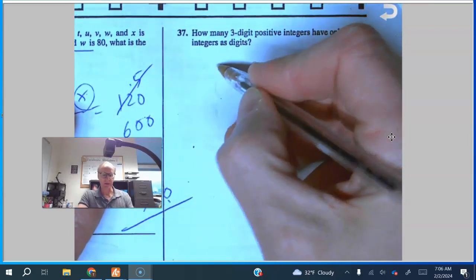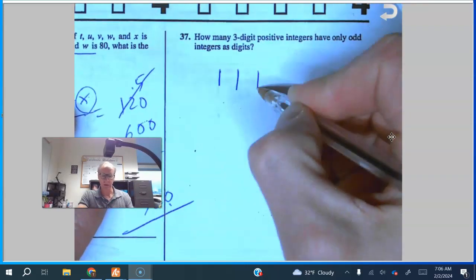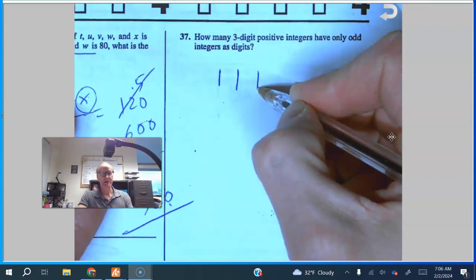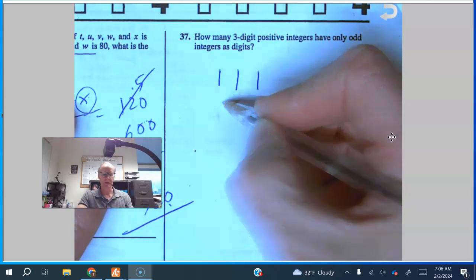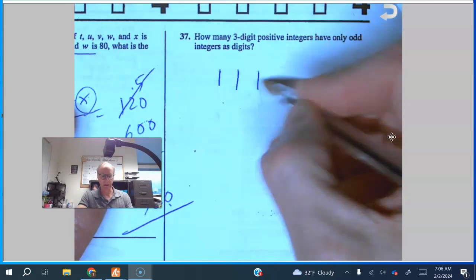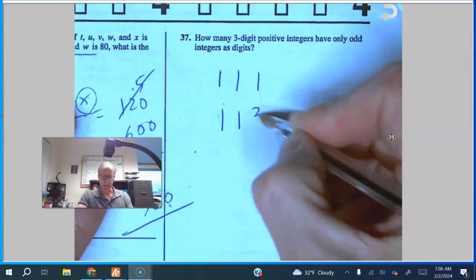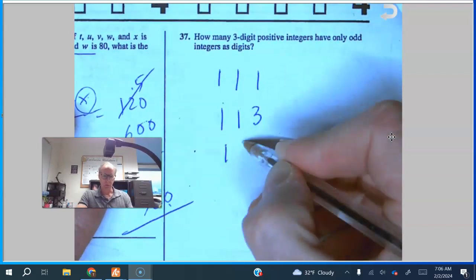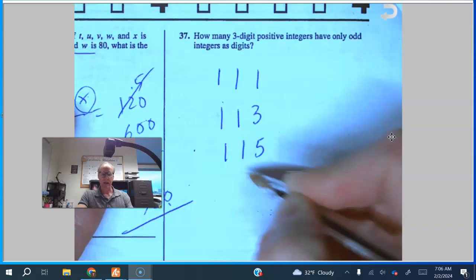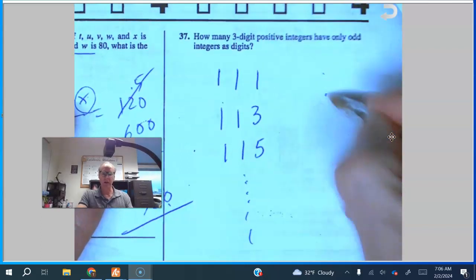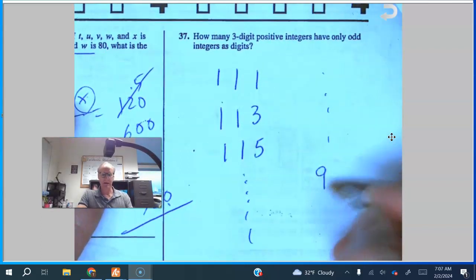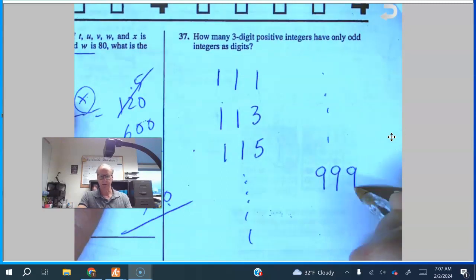So it would have to be 1, 1, 1. And the very next one would be 1, 1, 3, and then 1, 1, 5, and so on, all the way up to 9, 9, 9.